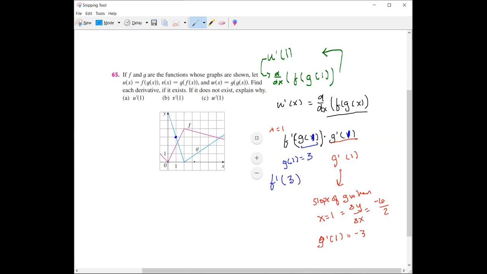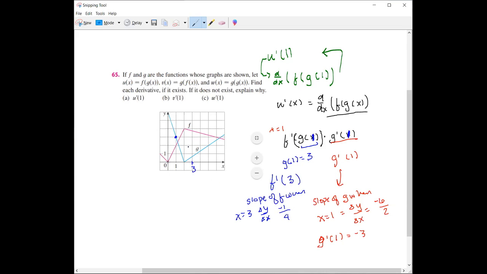So when x is equal to not 1 but 3, what is the slope of f? That is down 1 over 4.